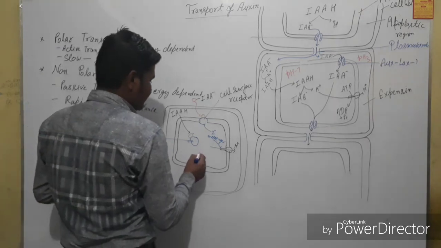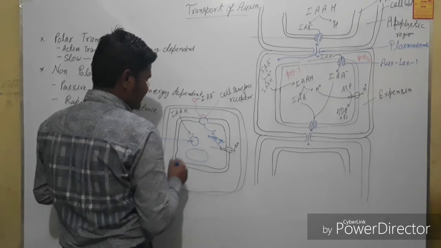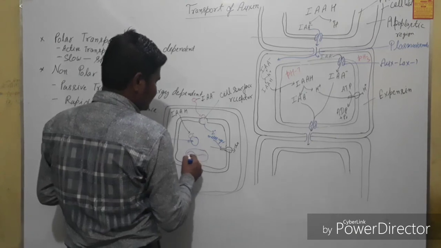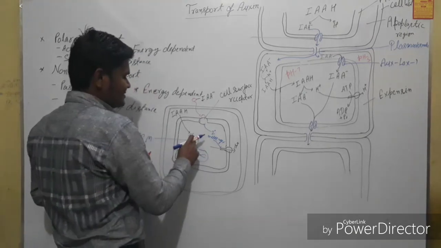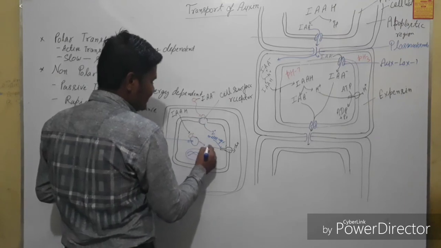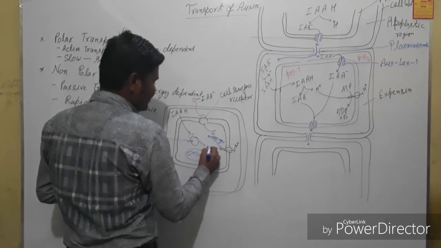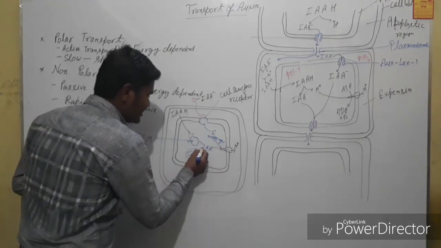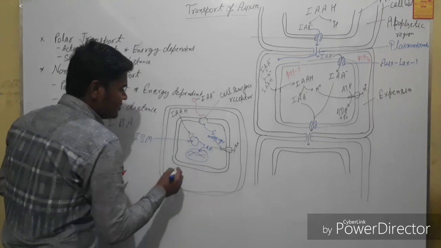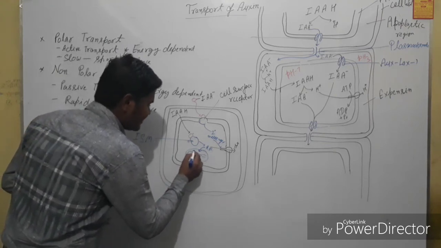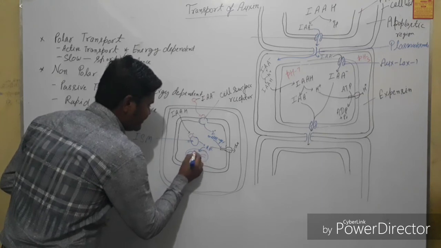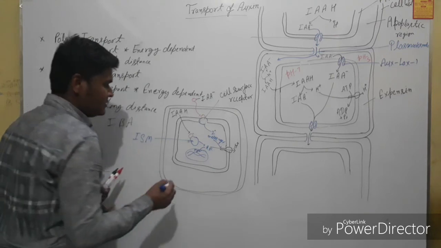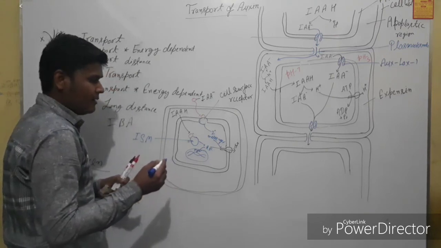Now, we all know that the nucleus is present here, where DNA occurs, and this signaling activates a regulatory protein. This regulatory protein comes inside the nucleus, where it activates the transcription factor of the hydrogen ion pump.